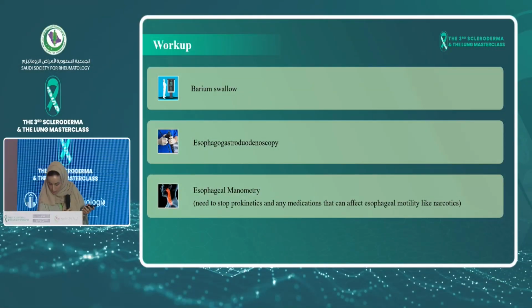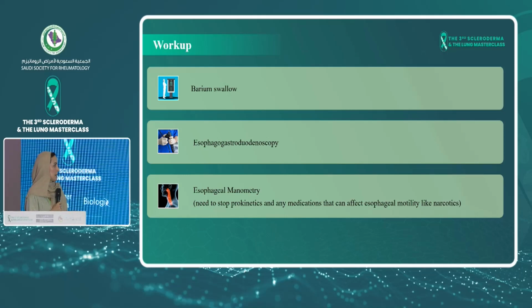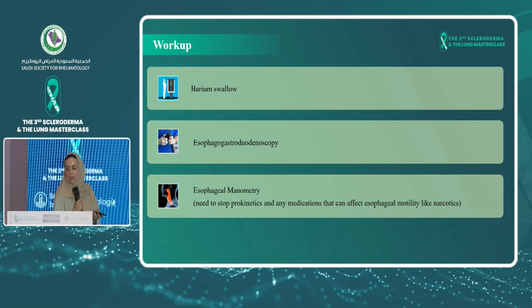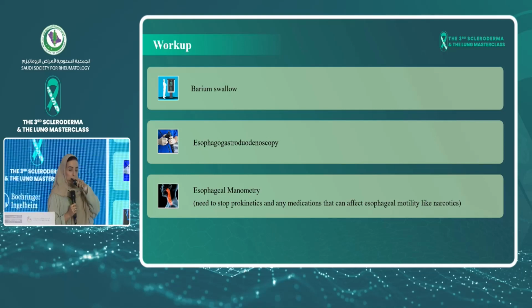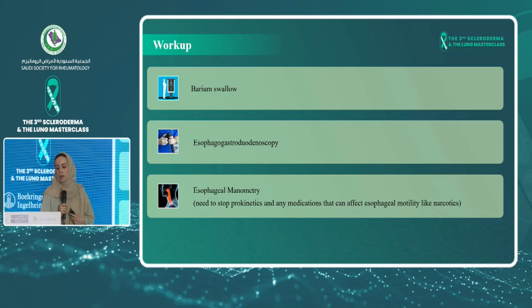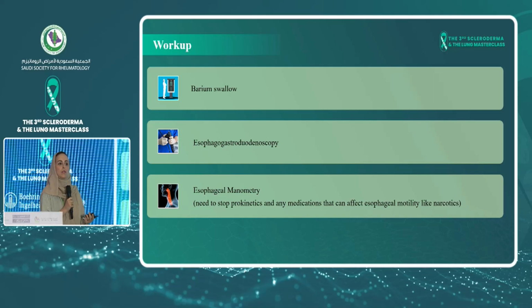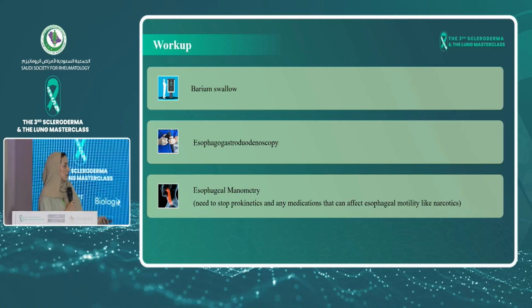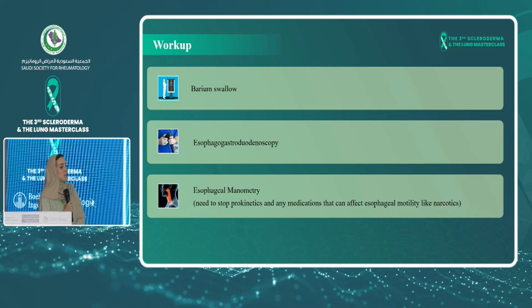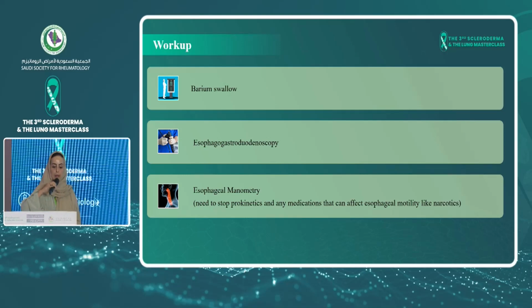This is followed by our dear upper endoscopy for better visualization of the esophagus, and also to take some biopsies to rule out other pathologies. Remember, systemic sclerosis patients are on a lot of medications that have GI toxicity, so you want to also rule that out. Finally, esophageal manometry to study the motility of the esophagus and give you a better idea about the involvement.